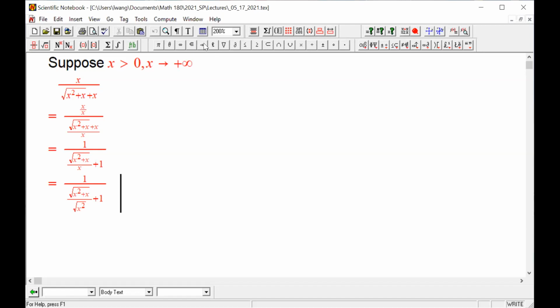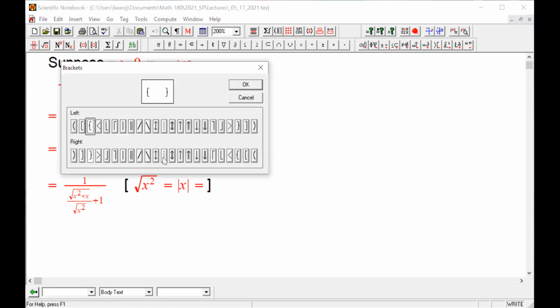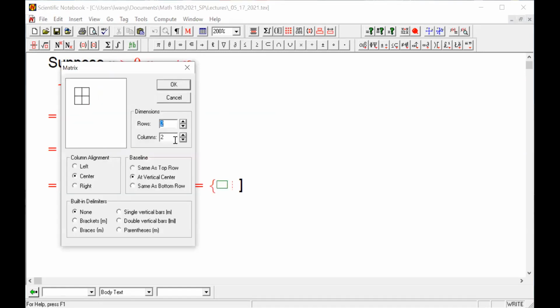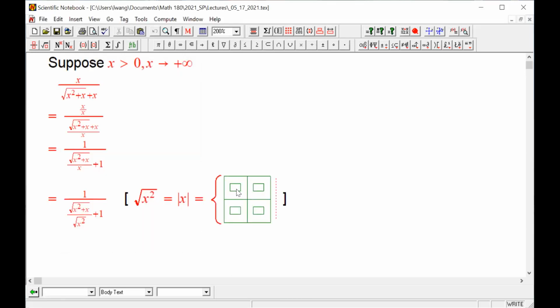Let me give you a little more detail. Now, the square root of x squared is equal to what? It is equal to the absolute value of x. And this is equal to two cases: the same as x if x is positive.